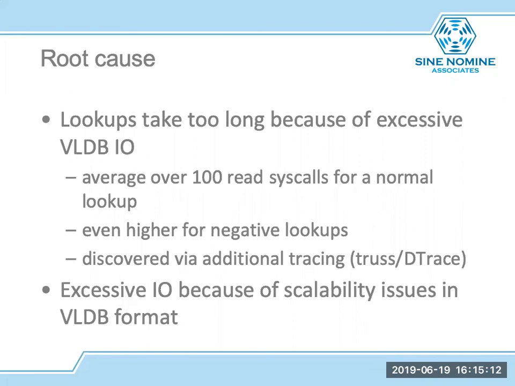I'm only looking up one volume. Why do I have to do 100 IOs to do that? And it turns out that the excessive I/O for each RPC is because of the way the VLDB is designed. In other words, it's a limitation of scalability issues in the format of the VLDB itself. Okay. Any questions about any of that? Okay.